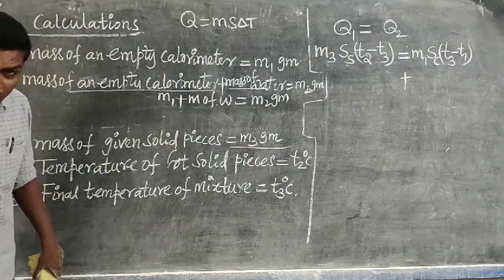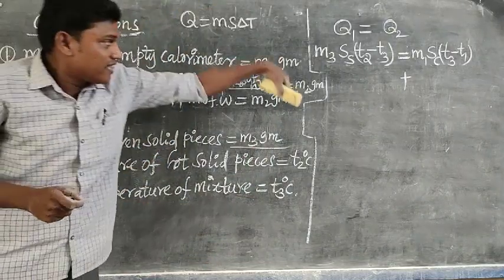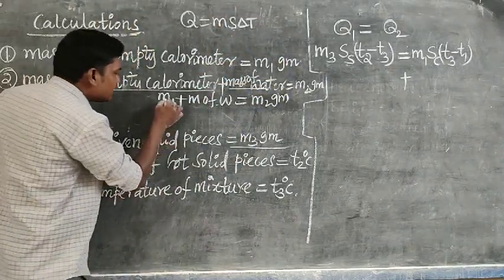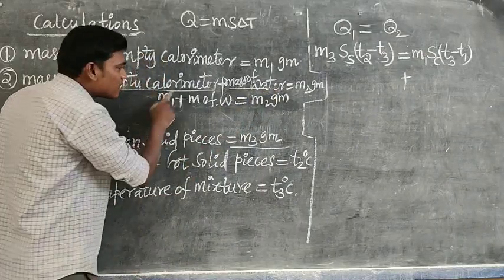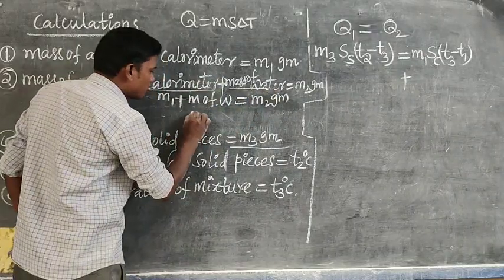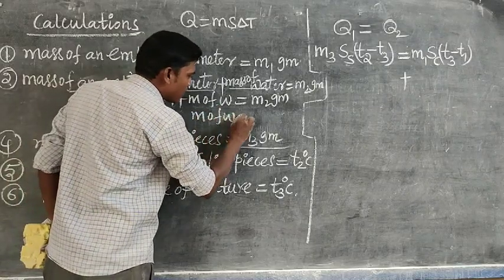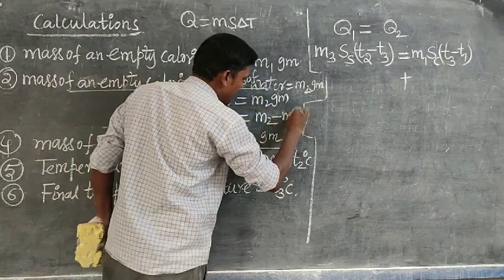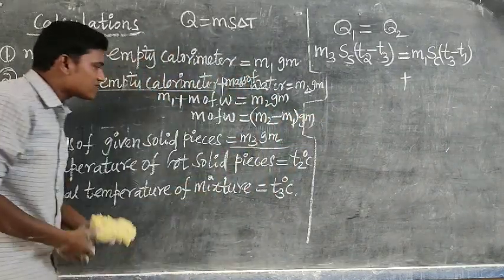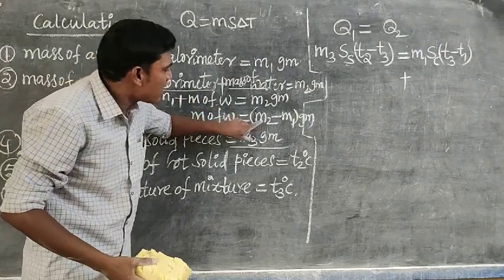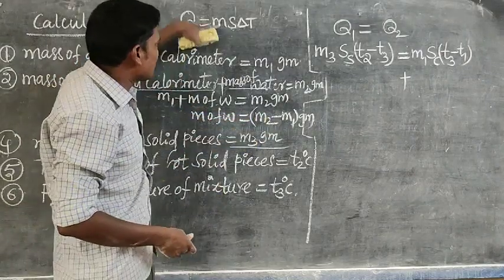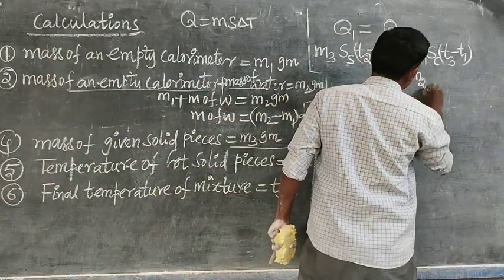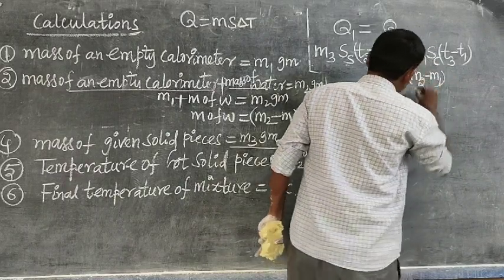But we want only the mass poured into the calorimeter. So this M1 is transferred to the right-hand side, and its value becomes negative. Then the mass of water only is equal to M2 minus M1 grams. So the formula for the mass of water only is M2 minus M1. In the place of M, we write M2 minus M1.